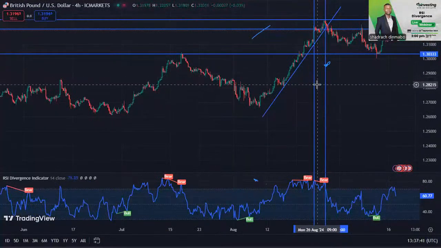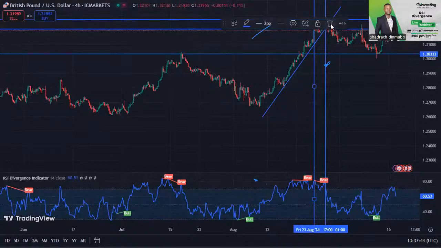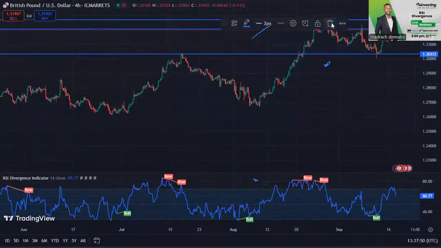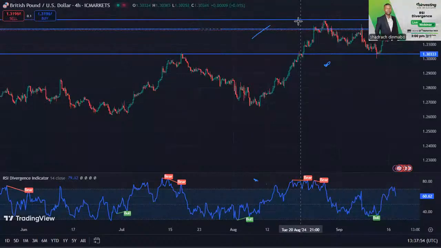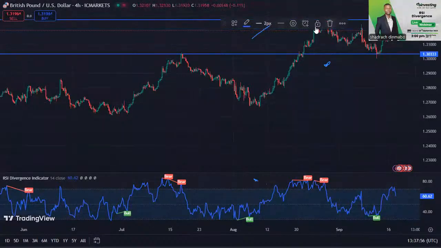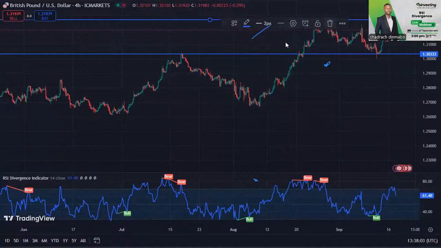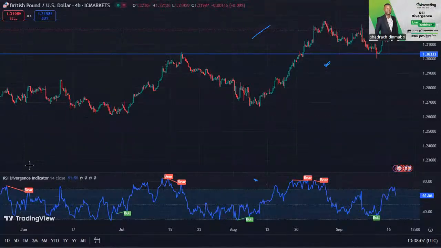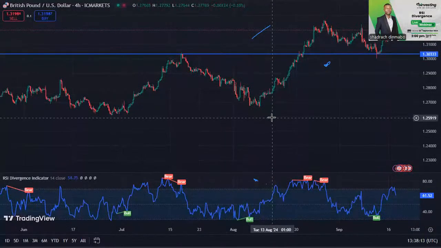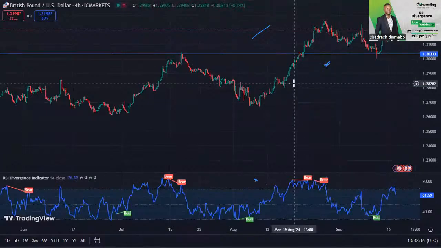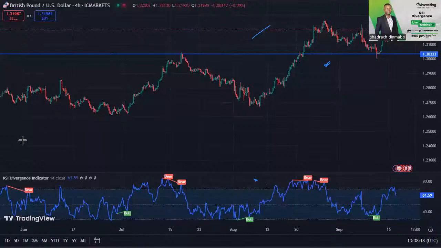Let me take off all of this so I can see our chart clearly. Trying to clear my drawings.